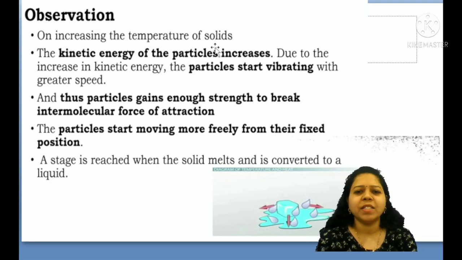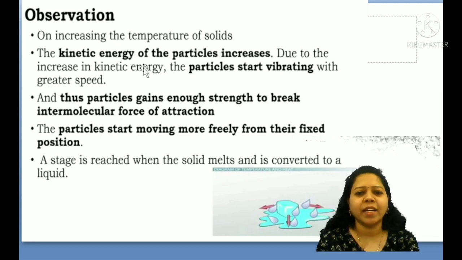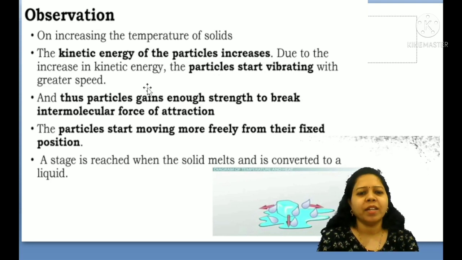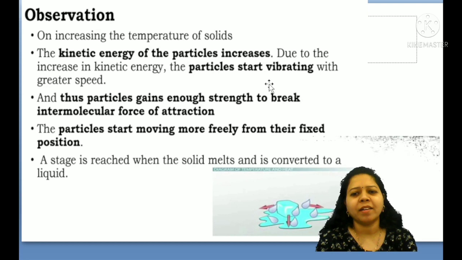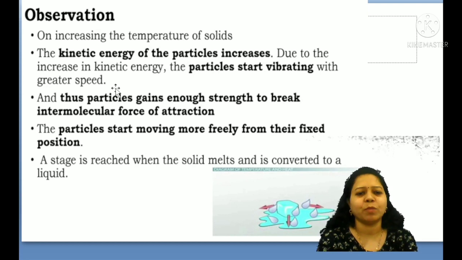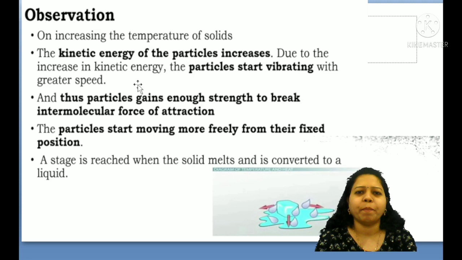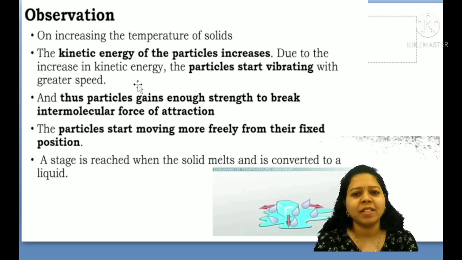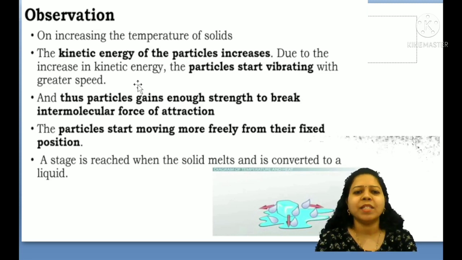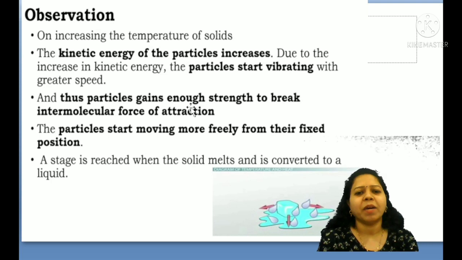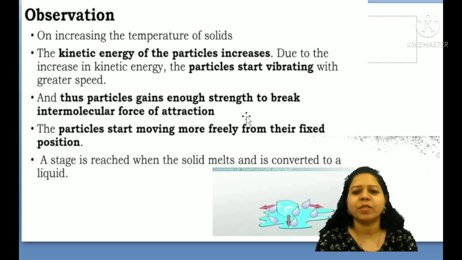Observation: on increasing the temperature of solids, the kinetic energy of the particles increases. Due to the increase in kinetic energy, the particles start vibrating with greater speed, and thus the particles gain enough strength to break the intermolecular force of attraction.